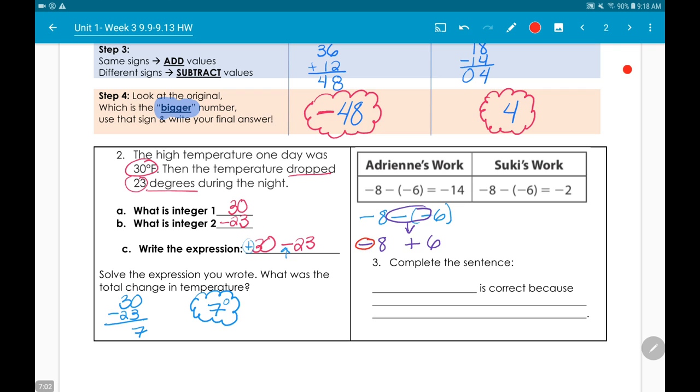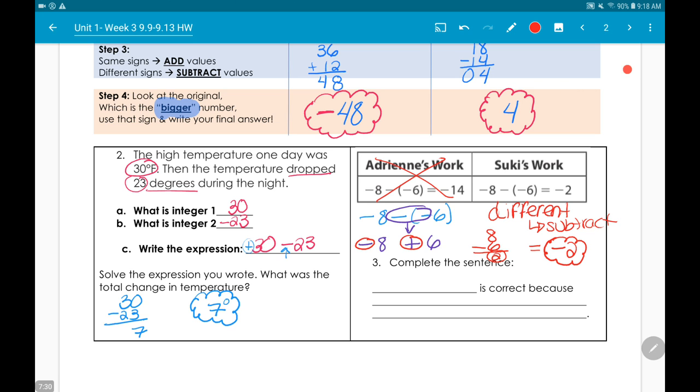Are they different or are they the same? They are different, and different means to subtract. So I do 8 take away 6, which is 2. And the one that is bigger is -8, so my answer has to be -2.